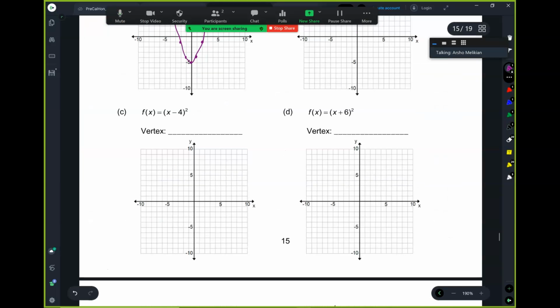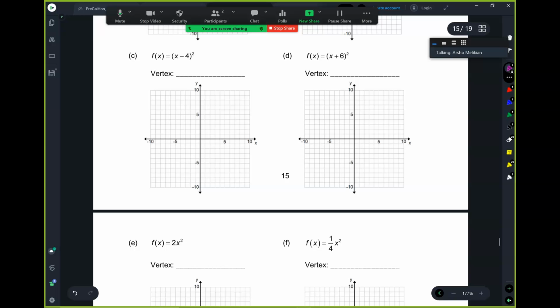Okay, so here, where does the vertex go? 0, 4 will be up 4. Which way does it go? Up, down, right, left? To the right 4 units. So at 4, 0. Here. Let's do this one by plugging in points.